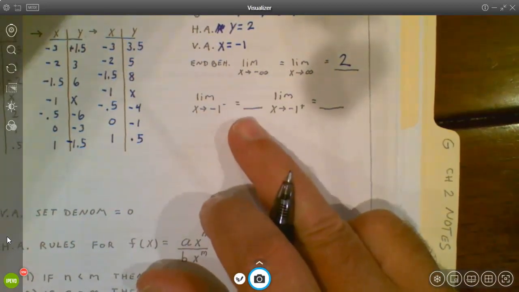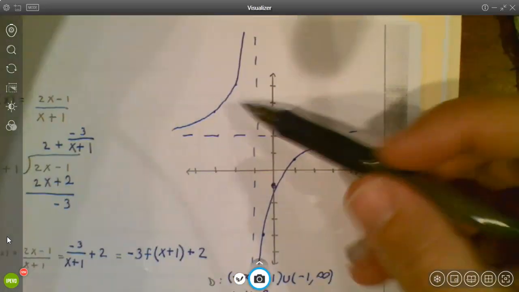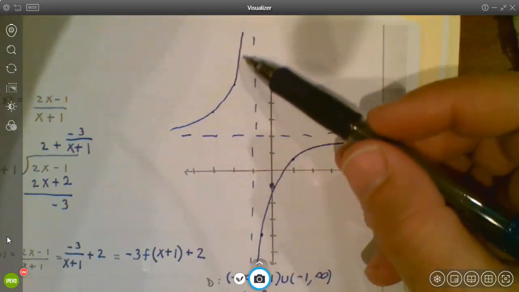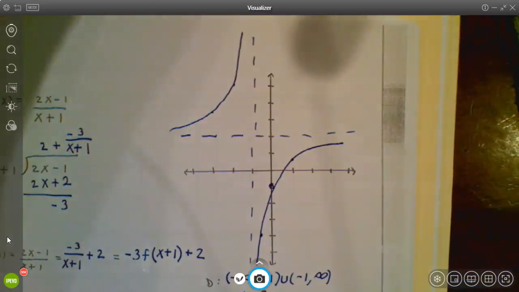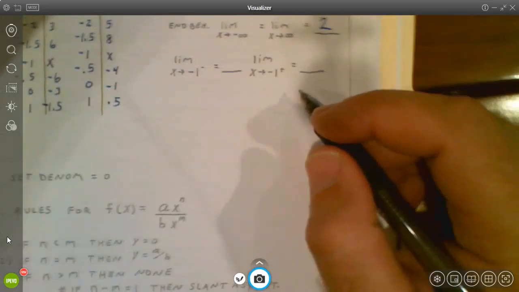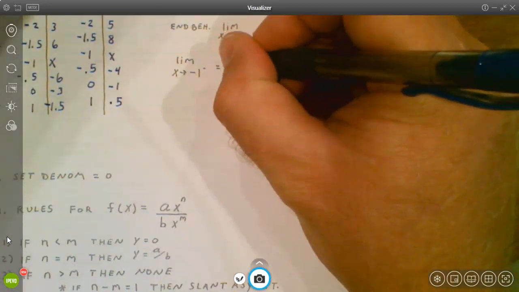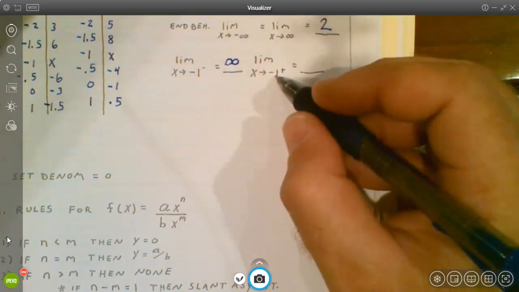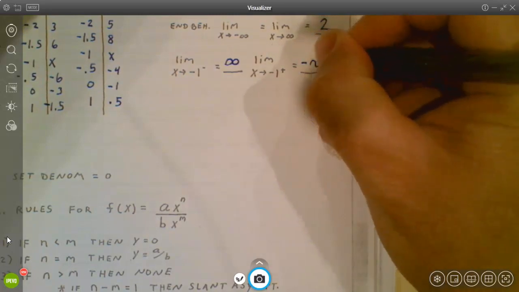As far as approaching the vertical asymptote, similar to the other one that we saw, this one is approaching positive infinity from the left side. This one approaches negative infinity from the right side. So let's see. As we approach -1 from the left, we were approaching positive infinity. But as we approach -1 from the right, we are approaching negative infinity. There we go.